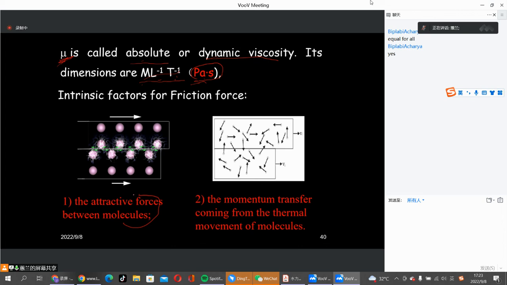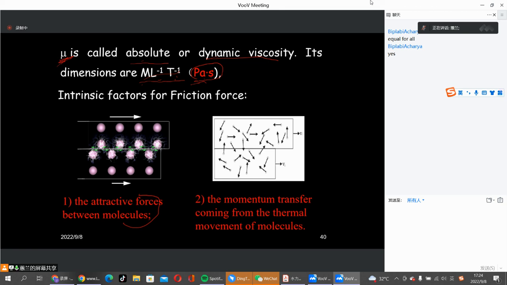So for liquids, the attractive forces between molecules are the dominant factor for the viscosity. However, for gas, because the gas molecules are far apart, the molecular attractive forces are almost equal to zero.